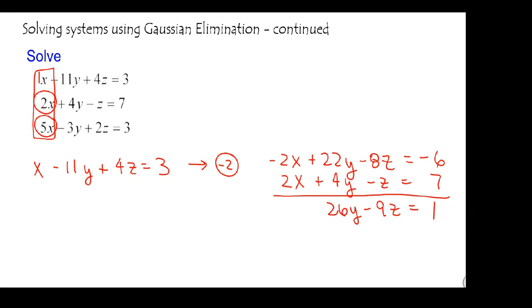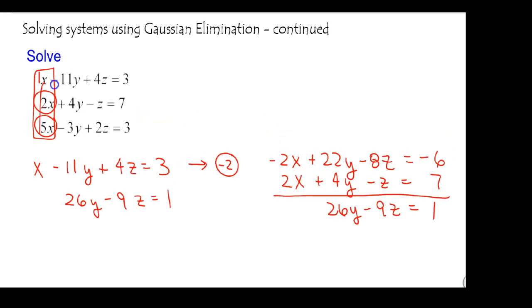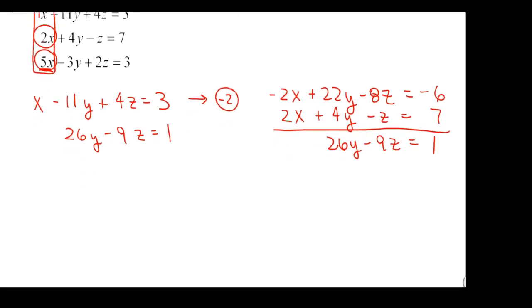So I can then write that as my new second row in the first iteration. Next, I need to change the 5 to a 0.